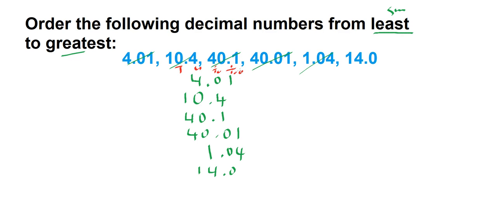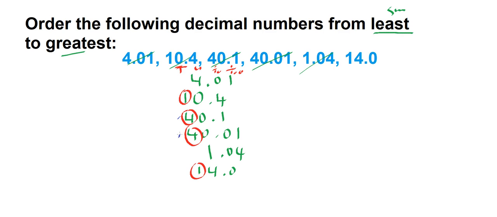Okay, so let's check this out. The tens, right? We've got a 1, a 4, a 4, and a 1. So which of those is the largest? Well, at this point, it's between this one and this one. So we go to the next place value, the units, and they both happen to be zeros, so they're still even.